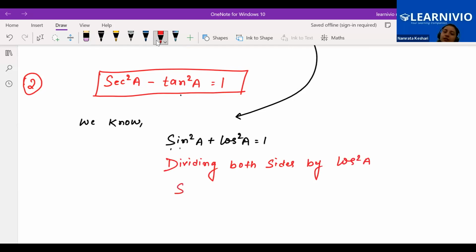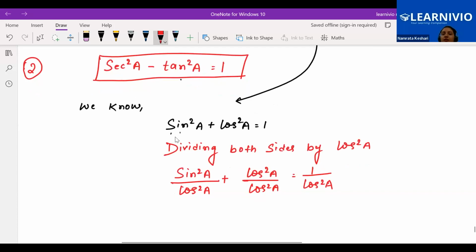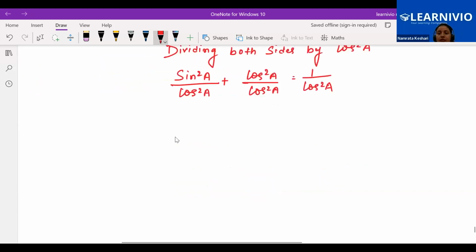Sin square by cos square plus cos square by cos square, that is 1, is equal to 1 by cos square. Okay, this is what we are having. Any confusion so far? No confusion so far.